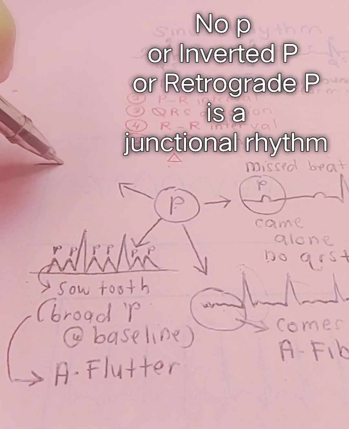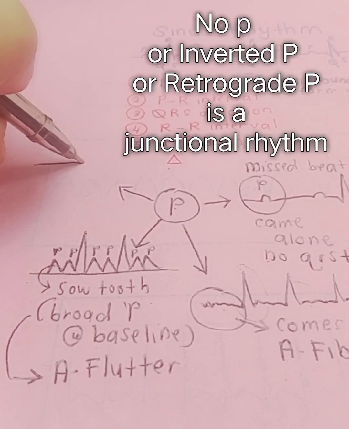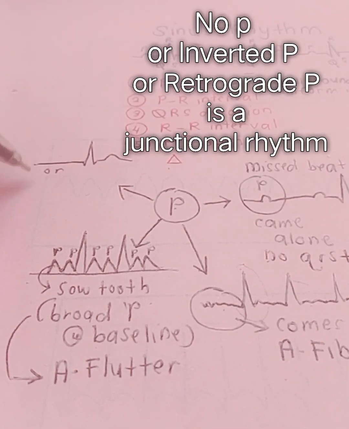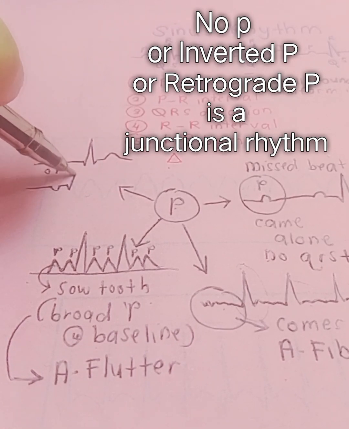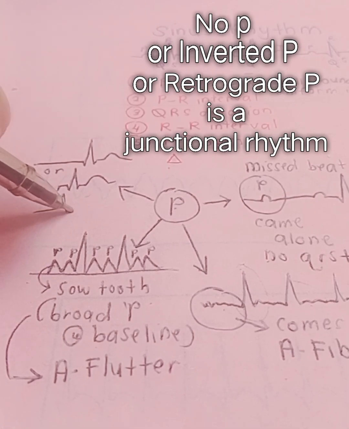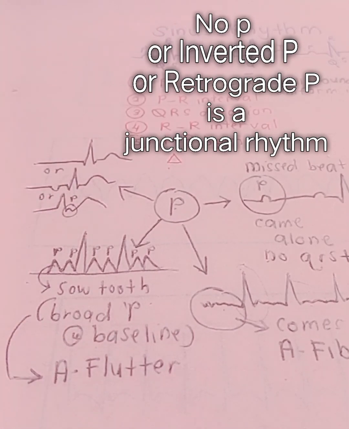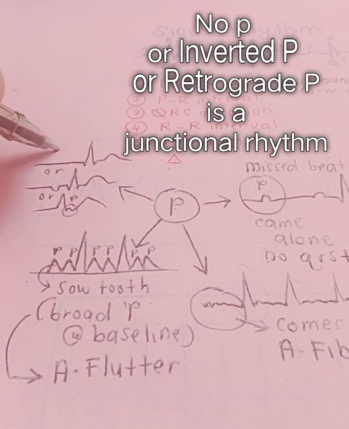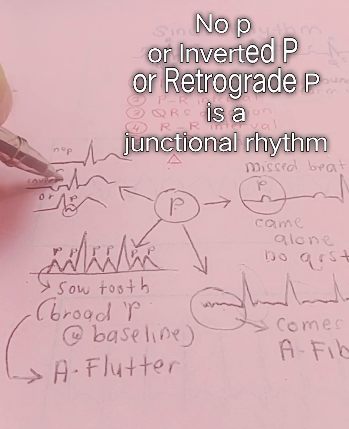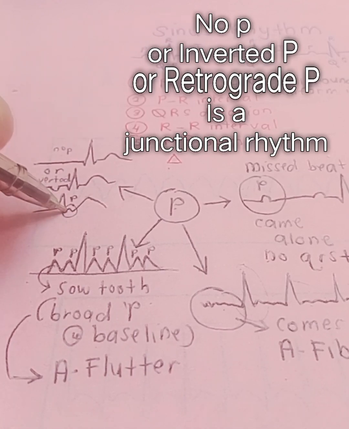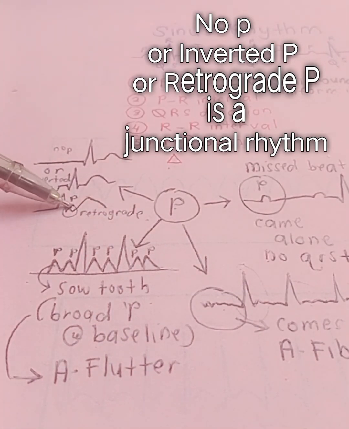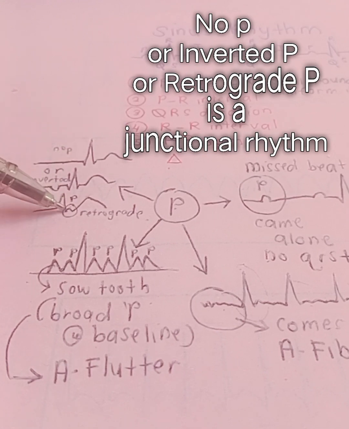P also may not come before the QRS. It's a straight line, no P wave, QRST, or P inverted QRST, or P after the QRS. Straight line, no P, QRS, or inverted P wave or P retrograde, or after QRS there is a small rounded positive wave.